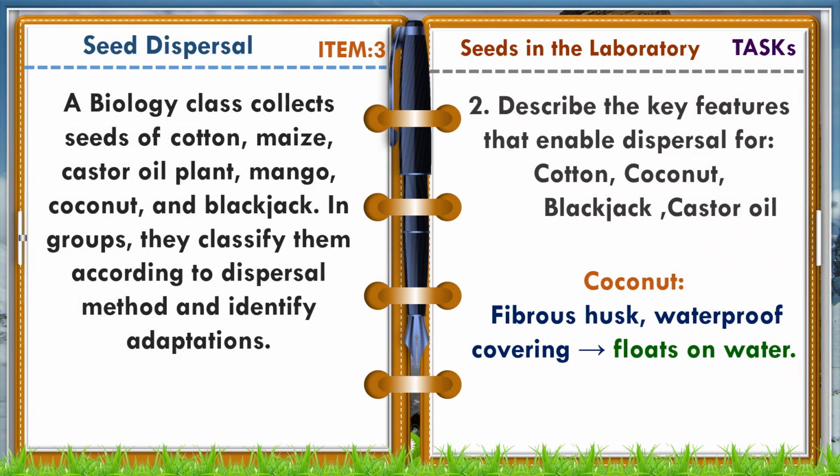Then we have coconut. Coconut has fibrous husks. It is waterproof. This makes it float on water.